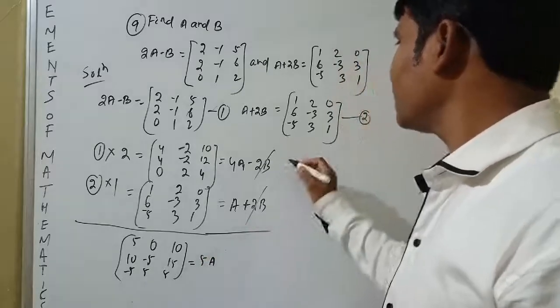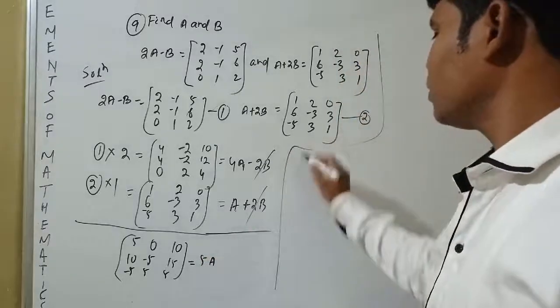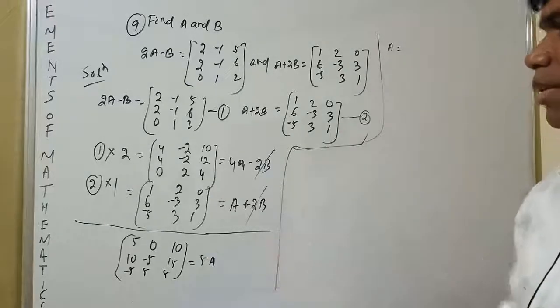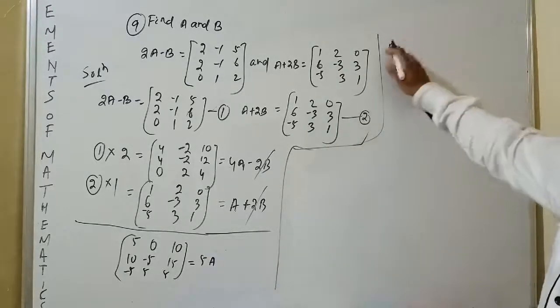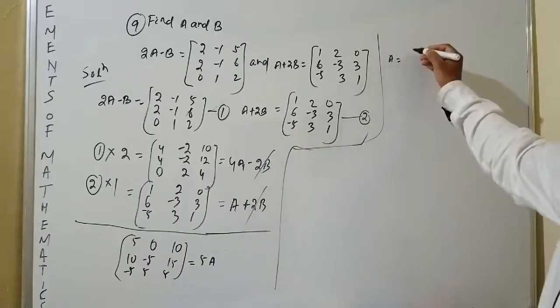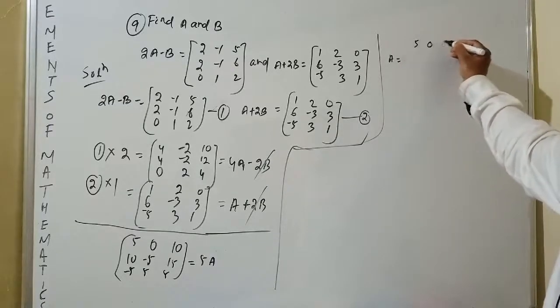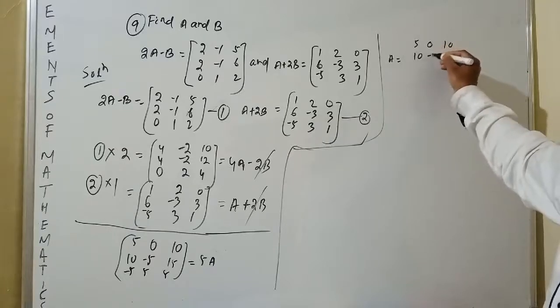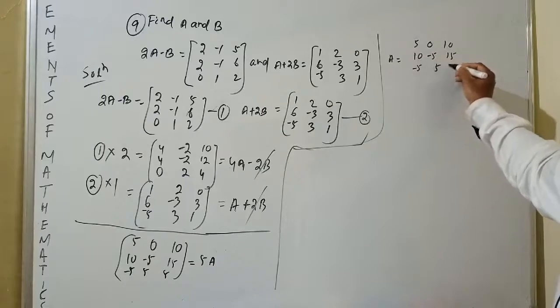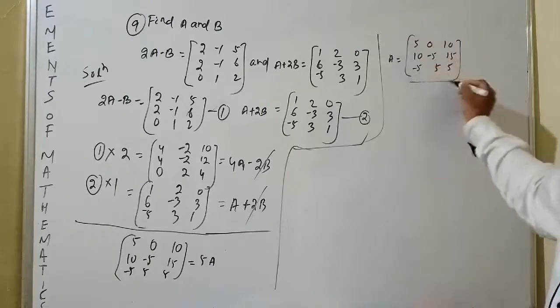Now you find A. A is equal to this matrix divided by 5. 5 divided by 5, 0, 10 divided by 5, minus 5 divided by 5, 5 divided by 5.